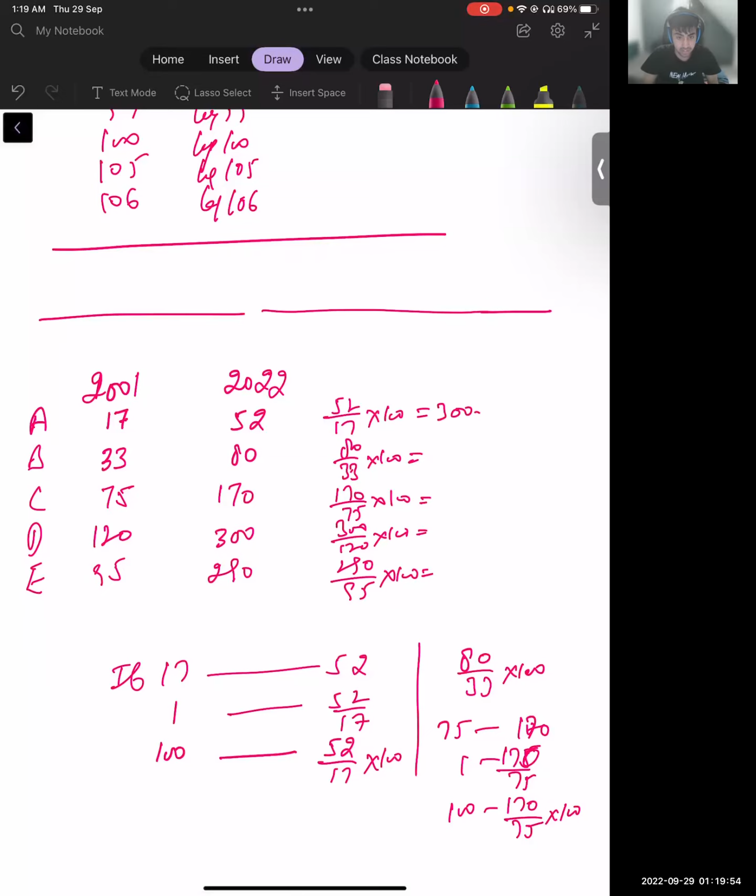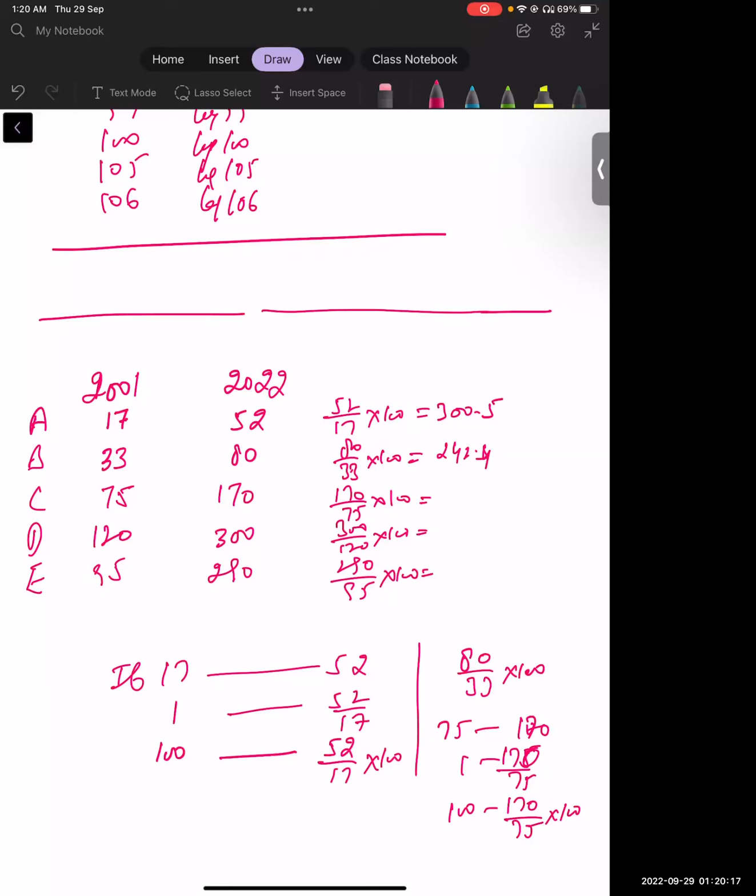So 52 over 17 times 100 is 305. Then 80 over 33 times 100 is 242.4.